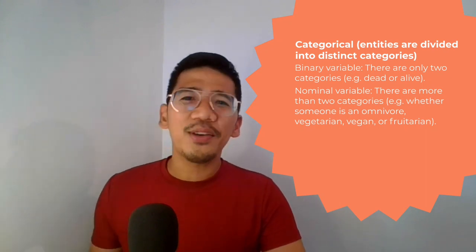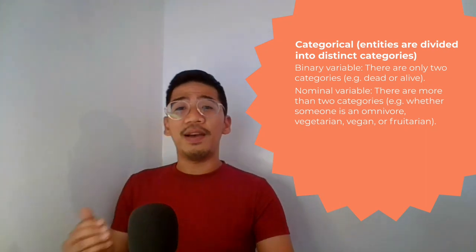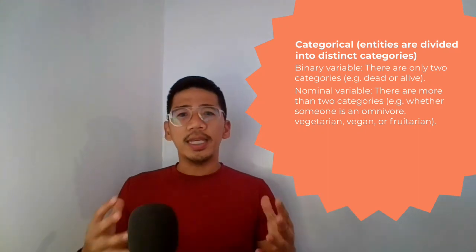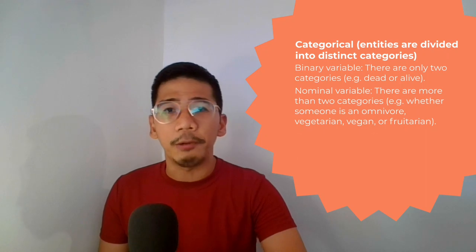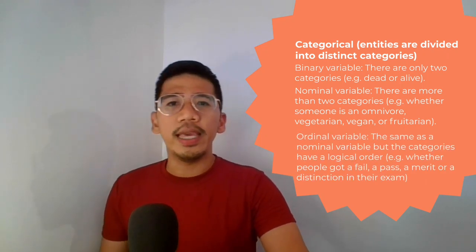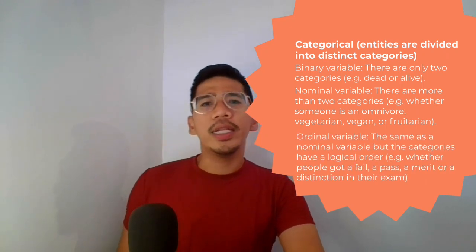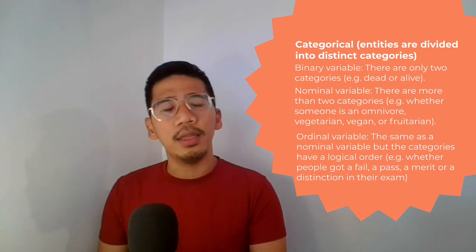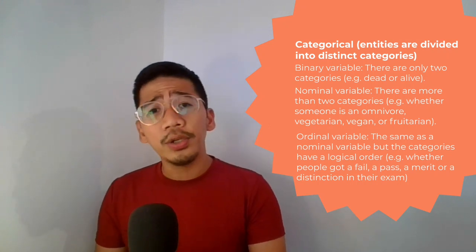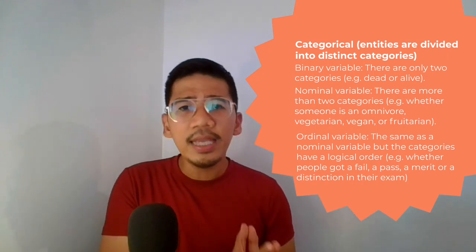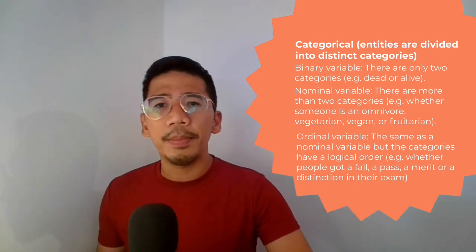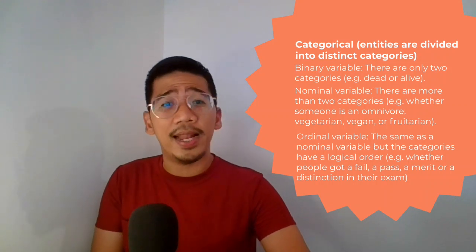So, when categories are ordered, the variable is known as an ordinal variable. Ordinal data tell us not only that things have occurred, but also the order in which they occurred. However, these data tell us nothing about the differences between values.